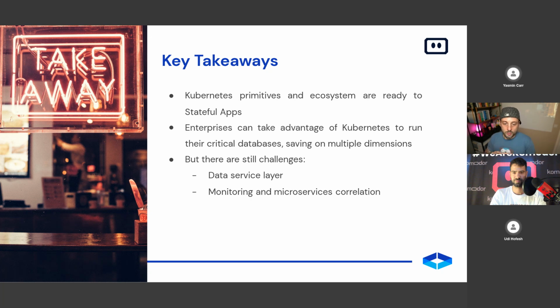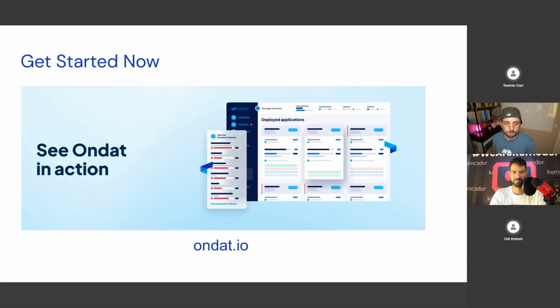Try to use them in a meaningful way, and for that, Commodore will for sure bring a lot of value into a single place where you have access to everything. You have access to history, you have access to correlation in terms of the incident. So again, you're going to save a lot of time in day to day operations, really. I don't know, Guy, if you want to add something, and then we can open it up for questions as well.